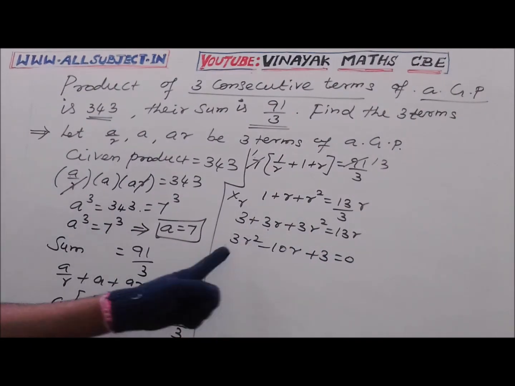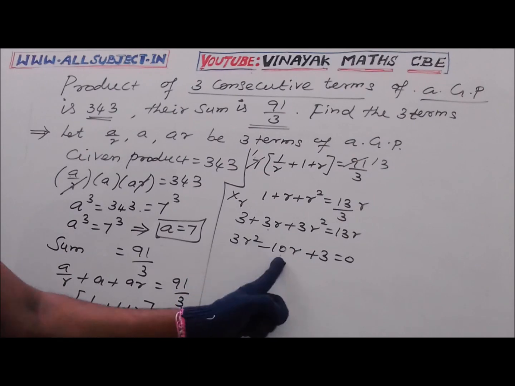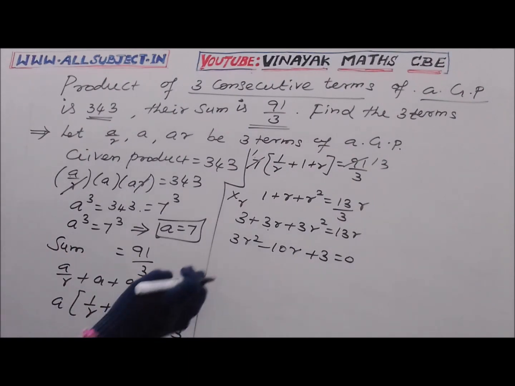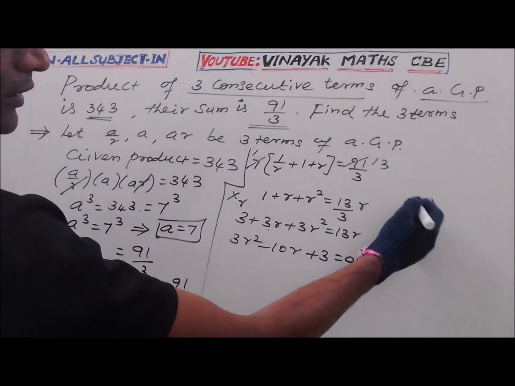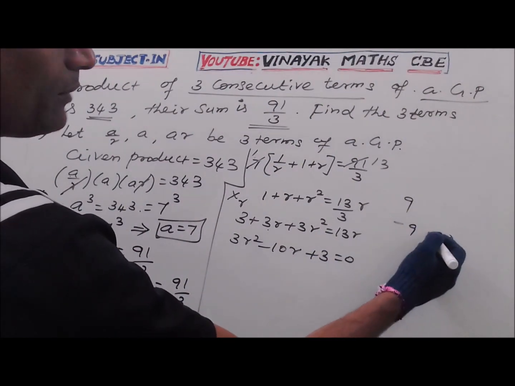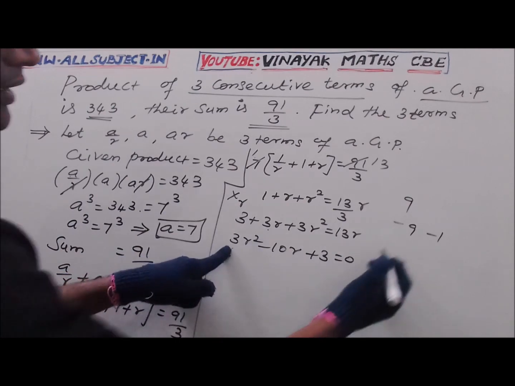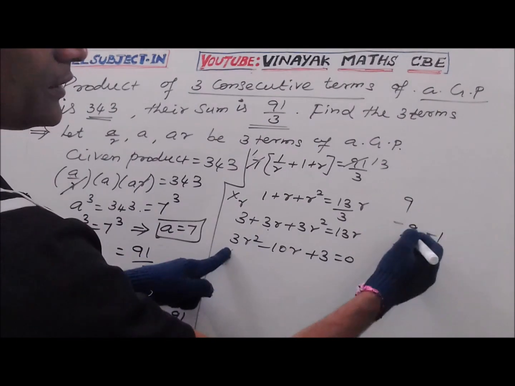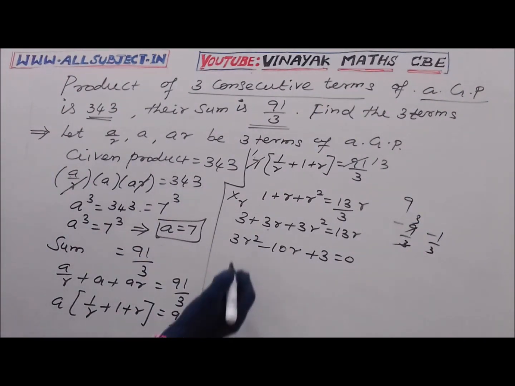Simplify to get the quadratic equation 3R square minus 10R plus 3 equal to 0. Now the product will be equal to 9 and the sum will be equal to minus 10. So minus 9 and minus 1 are the numbers. Now divided by 3, we get minus 3 comma minus 1 by 3.